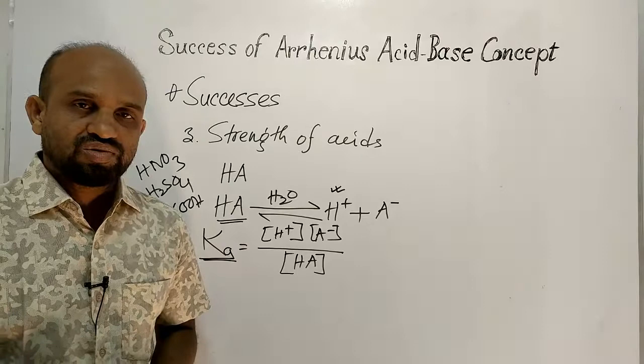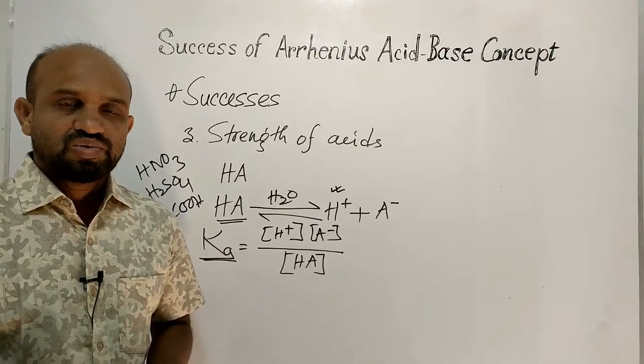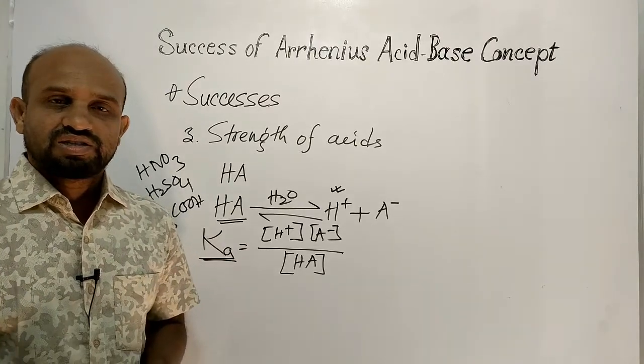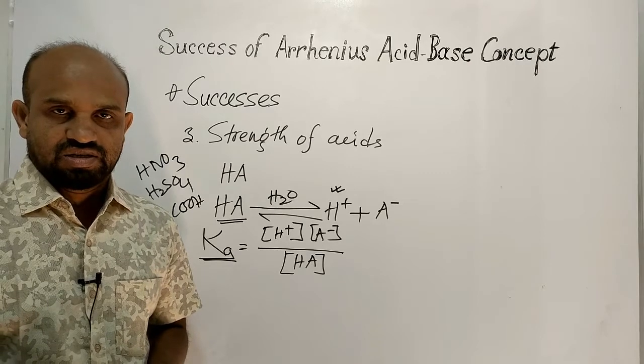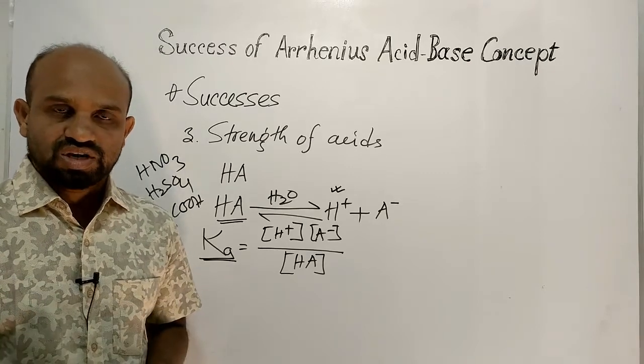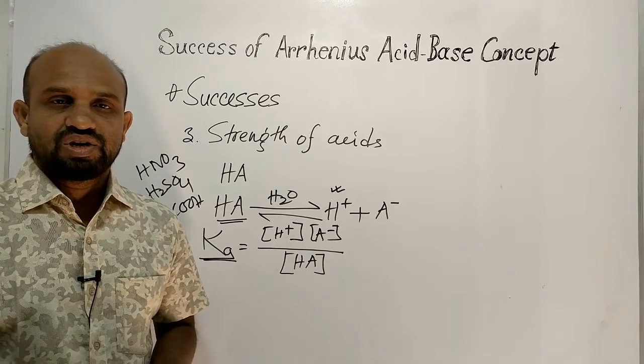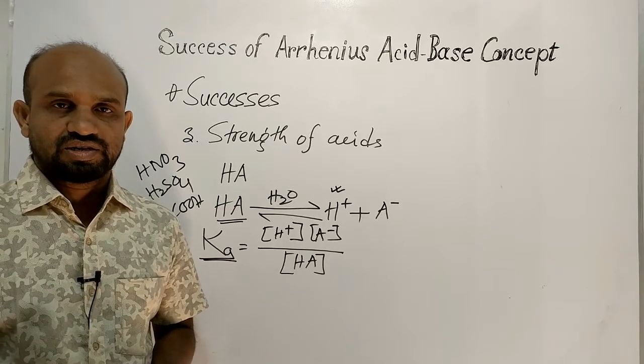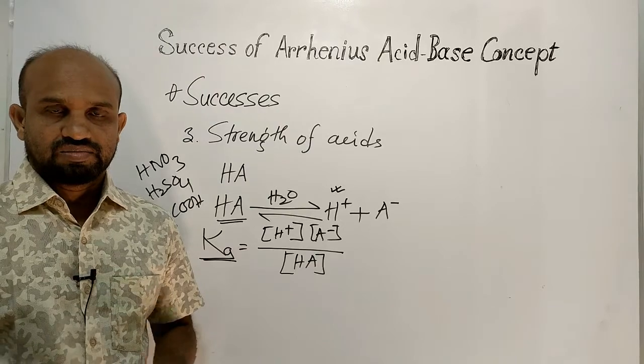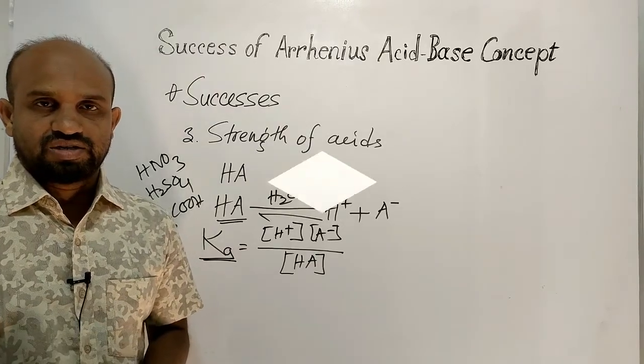So according to the Arrhenius concept, we can determine the strength of acids, whether it is a strong acid or a weak acid, by the value of the acid dissociation constant Ka. Let's see the next point.